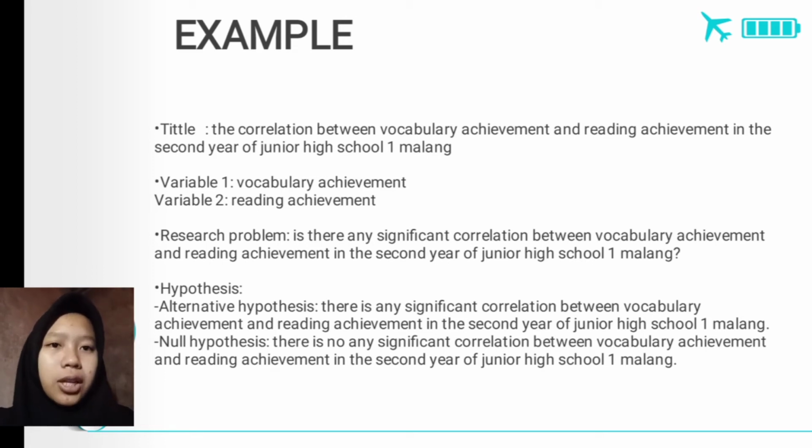And the null hypothesis is: there is no significant correlation between vocabulary achievement and reading achievement in the second year of junior high school 1 Malang. So the alternative can be called the positive hypothesis and the null hypothesis can be called the negative hypothesis.